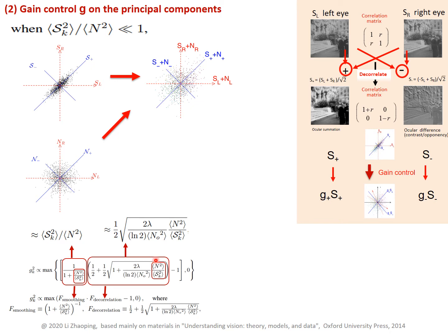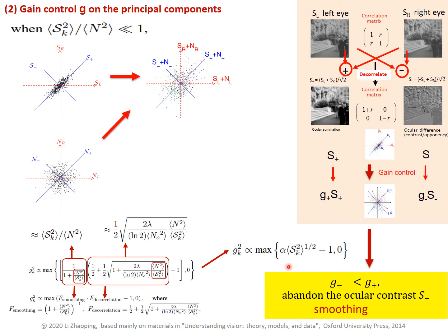And consequently, the gain squared is now higher for the channel with the stronger signal power. And this is the opposite to the case when the signal noise is very high. And therefore, the gain to the difference channel is now weaker.